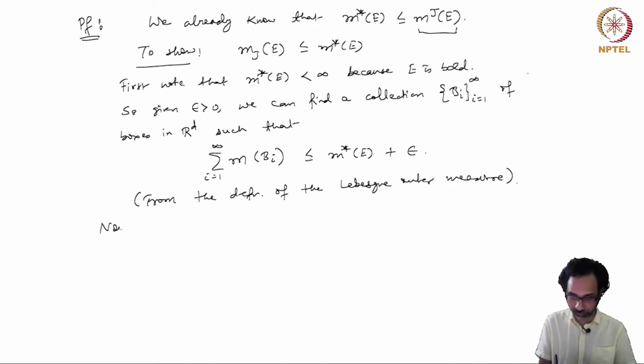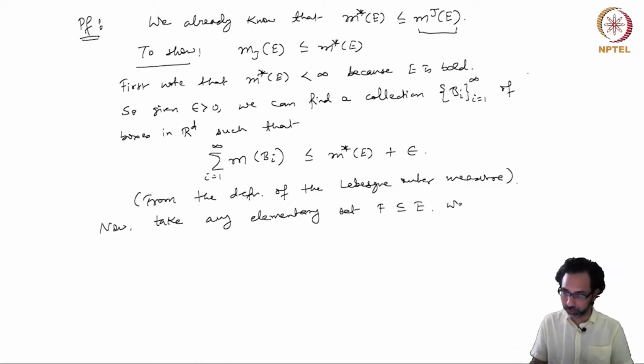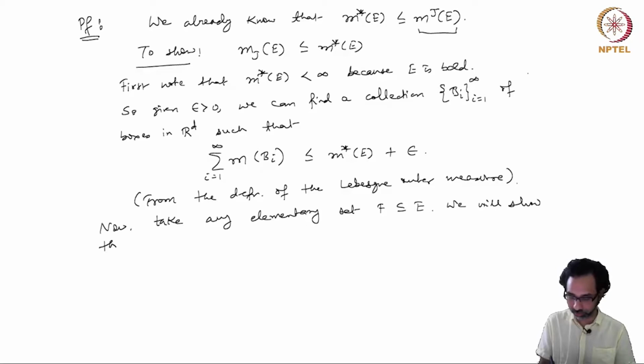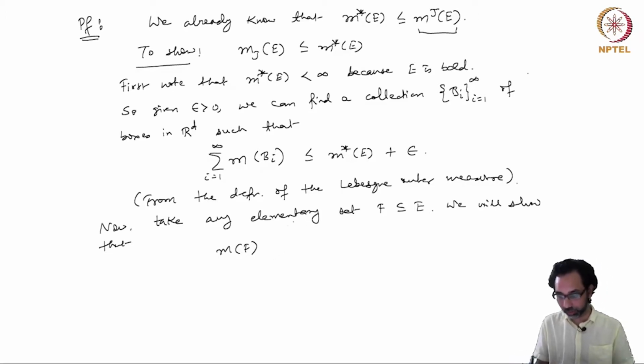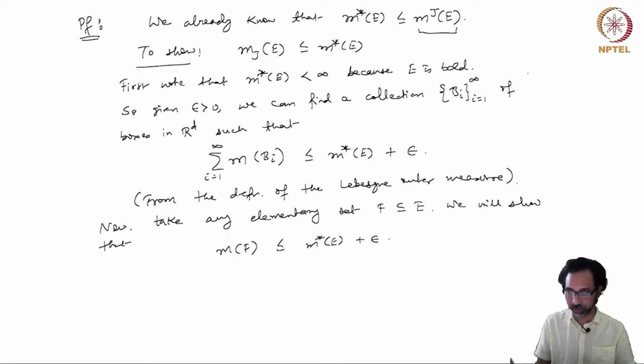Now take any elementary set F inside E. So we will show that the elementary measure of F, which sits inside E, is bounded above by m*(E) plus epsilon.